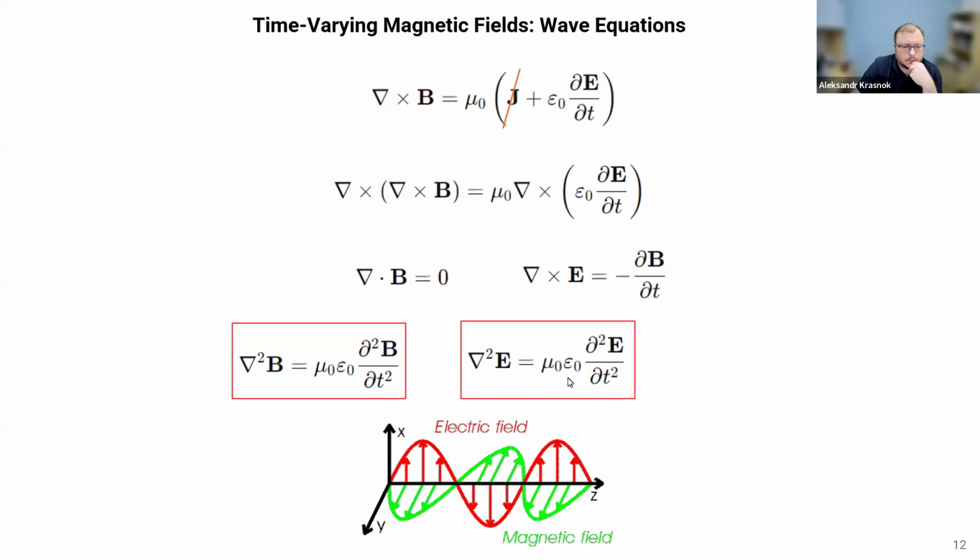On top of that, since these two equations are identical, the relative phase between electric and magnetic field in a propagating wave is zero. So they propagate with the same phase velocity, and this phase velocity is written here: just 1 over square root of mu 0 epsilon 0, and is equal to 3 times 10 to the power of 8 meters per second.